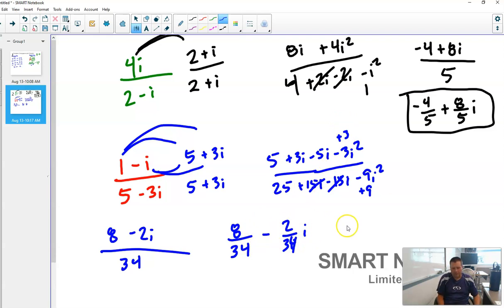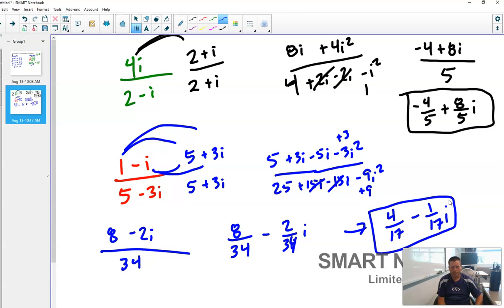This is pretty close. I would actually simplify these fractions. It just makes things look a little bit better, in which case we can take a 2 out of this, which would be 4 over 17 minus 1 over 17i.